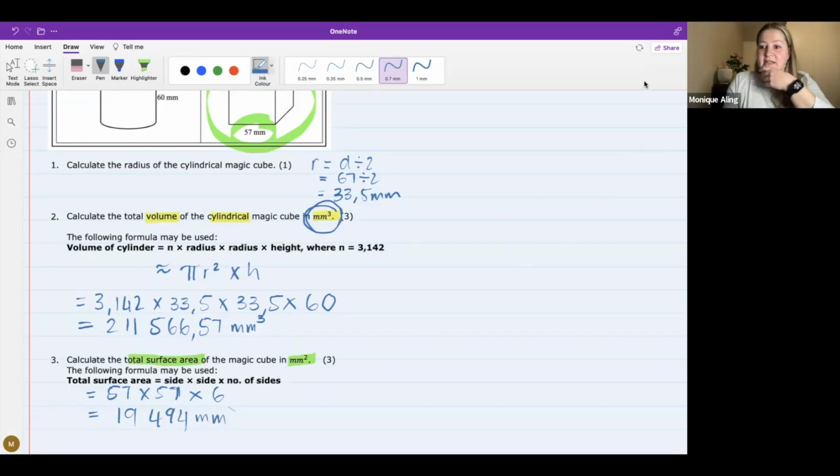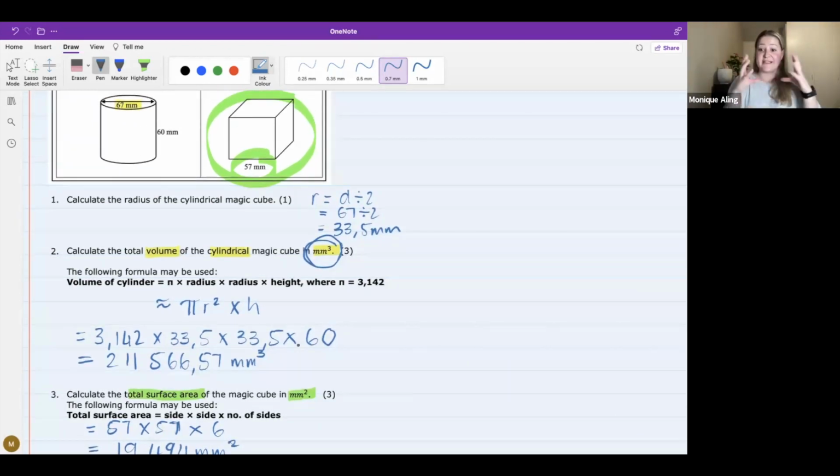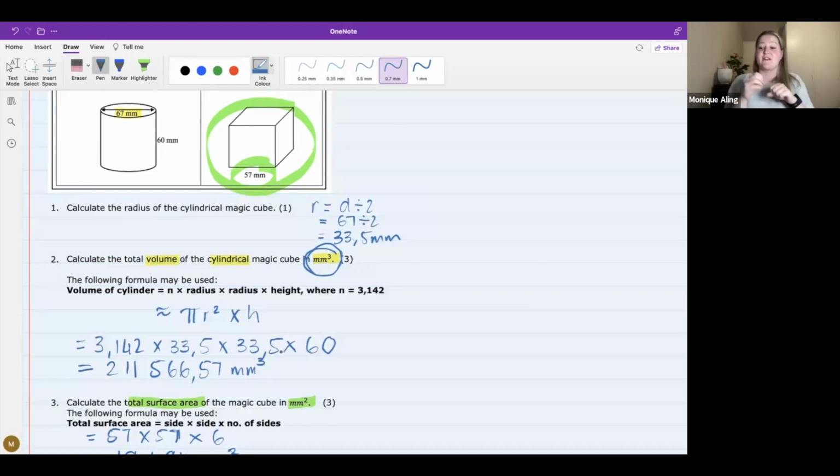Amos, raise the hand. Ma'am, I wanted to ask if it's always 6 sides, because here I saw 3 sides on the diagram. Okay, yeah, so it is always 6 sides. It's not always possible to show the 6 sides on a piece of paper, so we've got to just know that there are 6 sides when it comes to a cube or a rectangular prism.